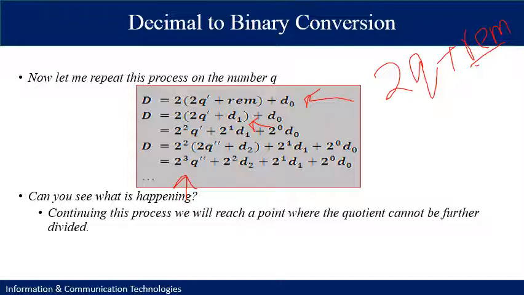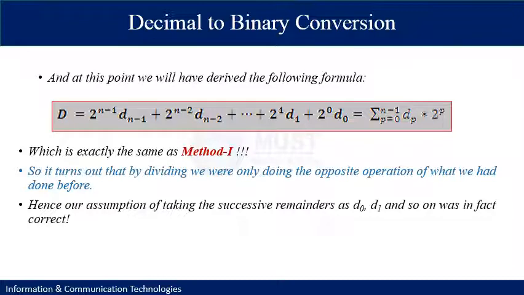Continuing this process, we will reach a point where the quotient cannot be further divided. That means we have either reached 0 or 1. At this point we will have derived the following formula, which is a representation much similar to the previous formula, which is the digit at location 0 multiplied by the base 2 to the power 0, and so on. This is exactly the same as method 1.